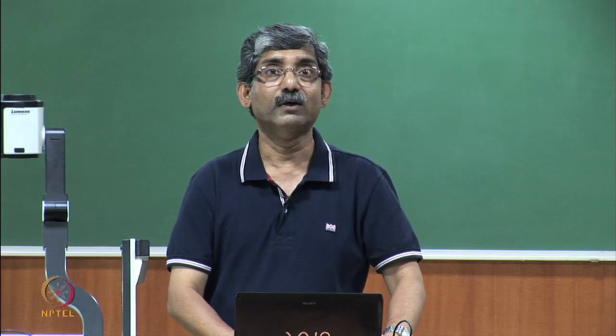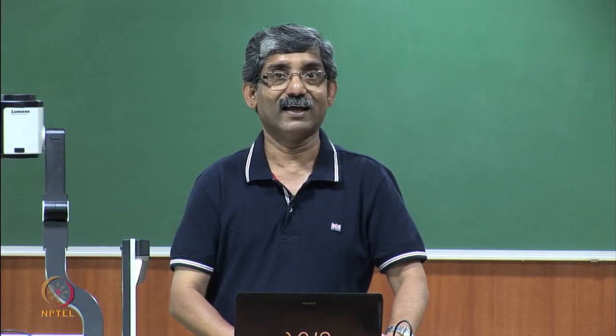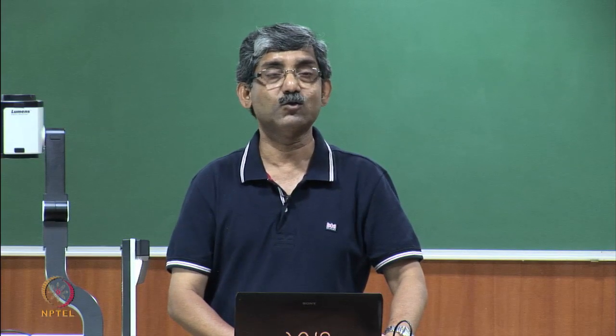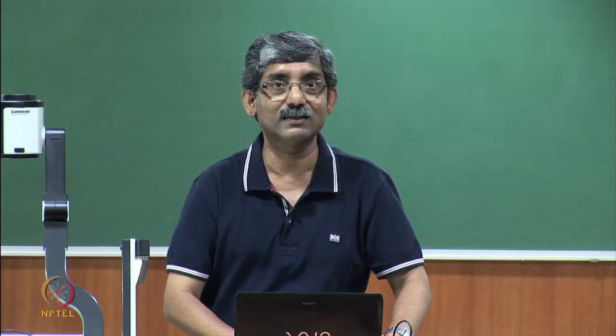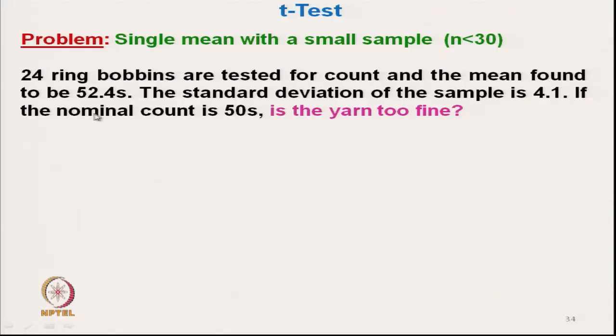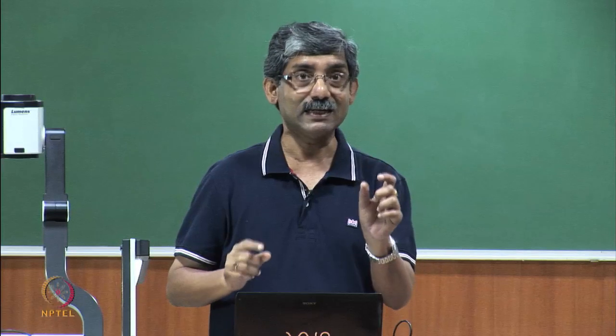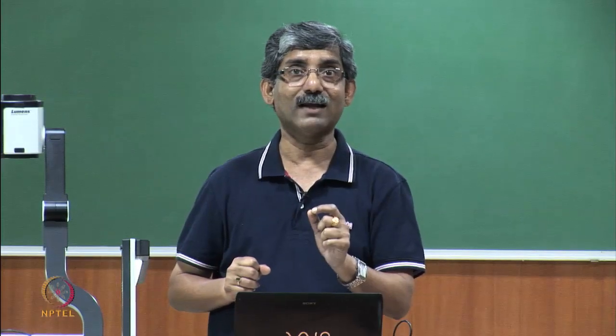Now, we have to tell whether the yarn is too fine. That means, this is a 50s count and it is 52.4 count. The question is whether the yarn is too fine. Should we take precaution? Should we take any action? Should we make it a little bit coarser by changing the draft? Suddenly changing the draft is not that easy.